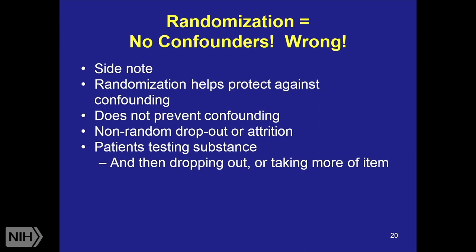You can have non-random dropout or attrition in different study arms in a randomized study. You have to have a way to account for that. But what randomization tells you is that for all of those known and unknown confounders, something is by chance, or you're able to dig down and figure out what's possibly causing it.